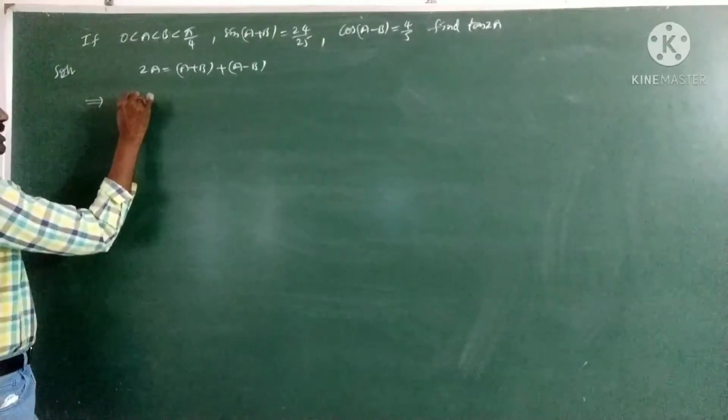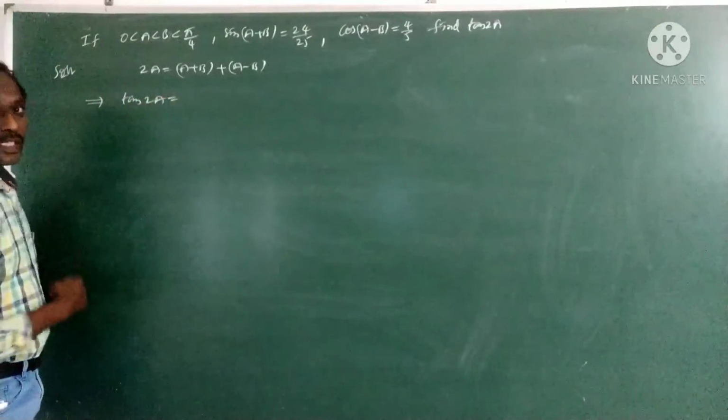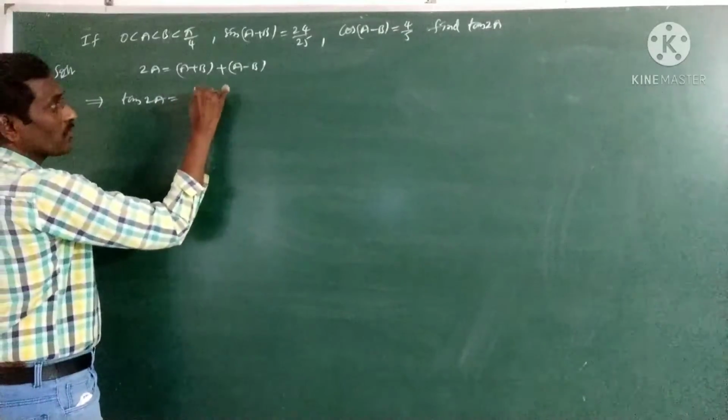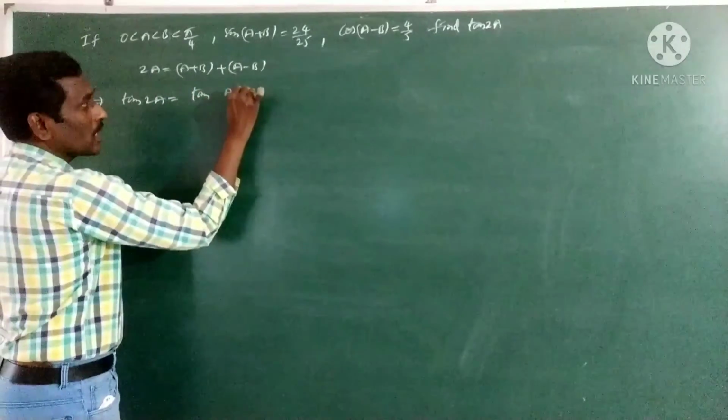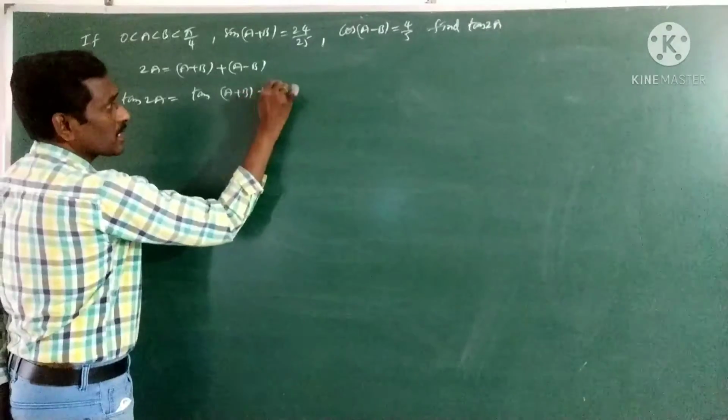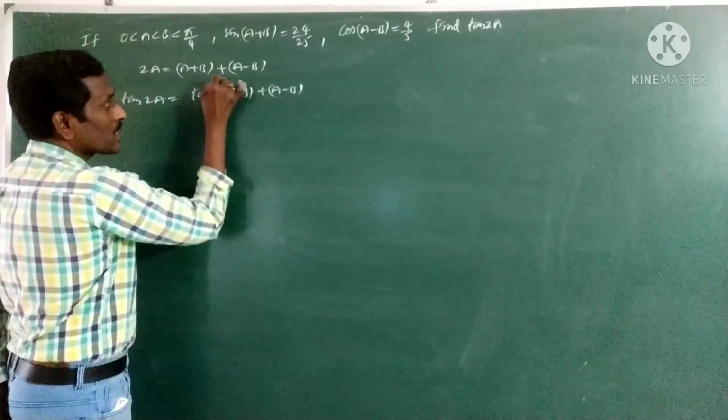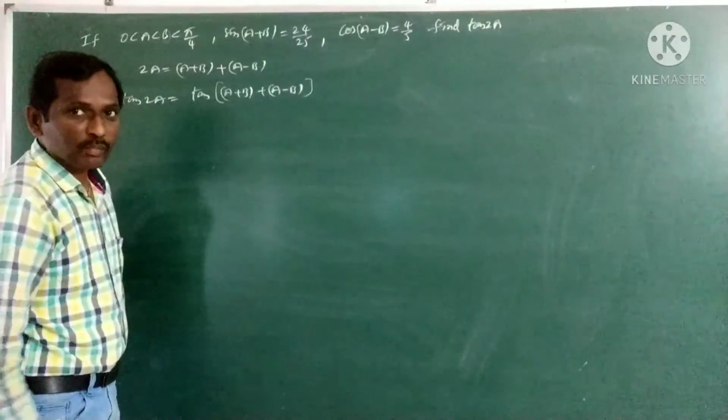This implies tan 2a equals tan of (a + b) plus (a − b), taking tan on both sides.